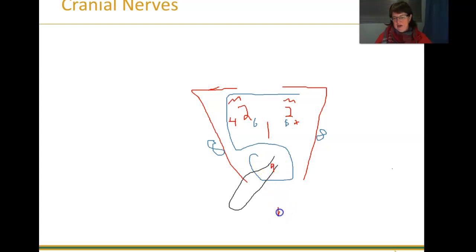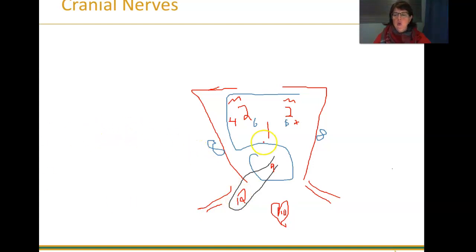Then put 10 where your heart is. So I draw a heart and then I put a 10 in it. That's ugly, but you get the idea. Number 11 is your shoulders. And then put number 12 on the tip of your tongue.